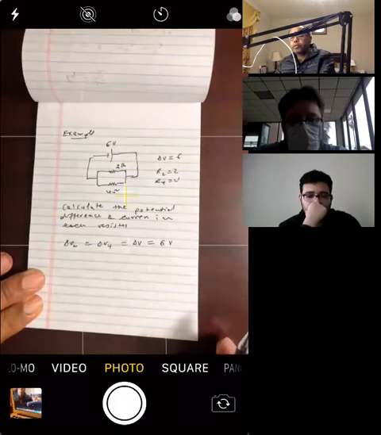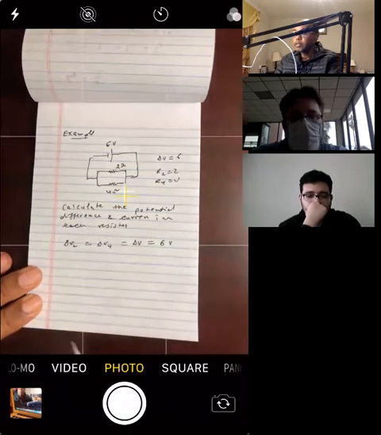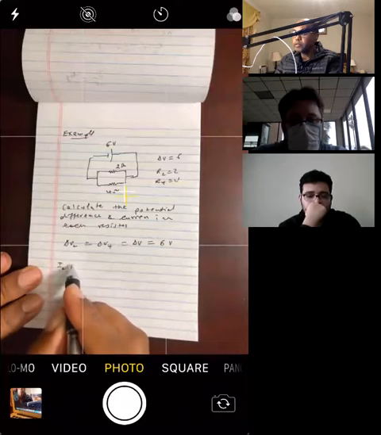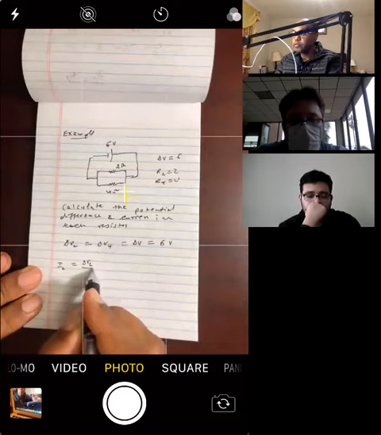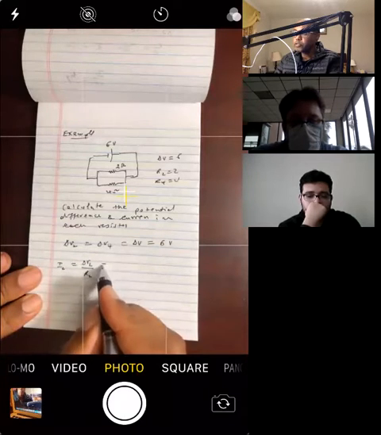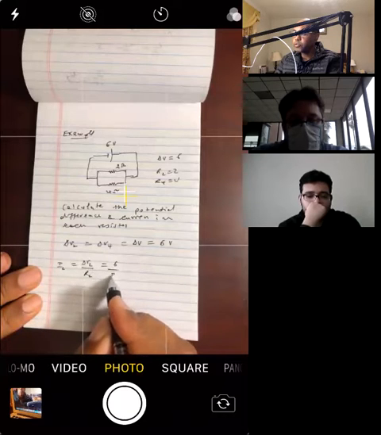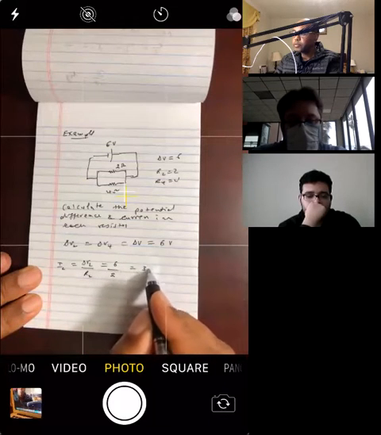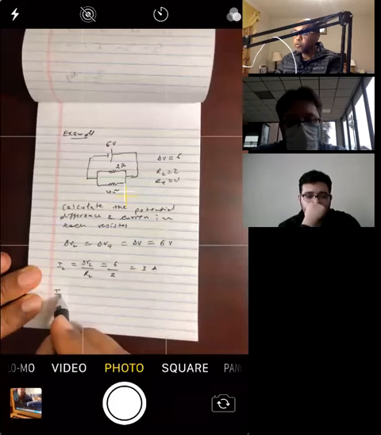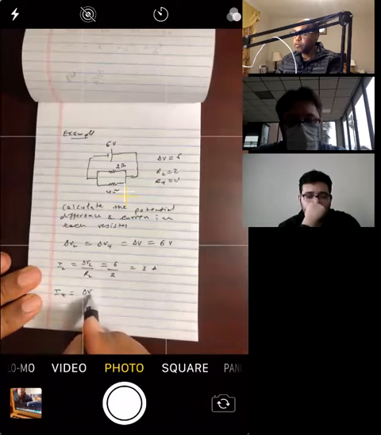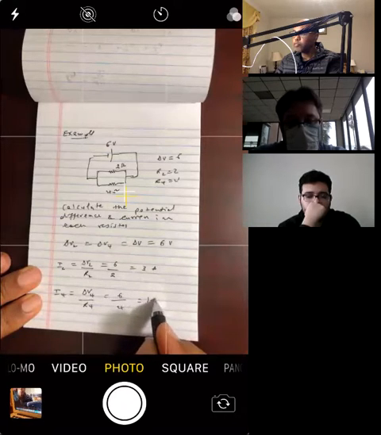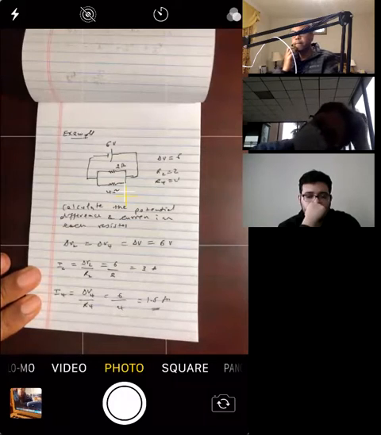They're equal because they're connected in parallel. Now for the current, I2 is delta V2 divided by R2. All the potential differences are the same, so we've got 6/2, that is 3 amps. And then I4 will be delta V4 divided by R4, and that is 6 divided by 4, which is 1.5 amps.